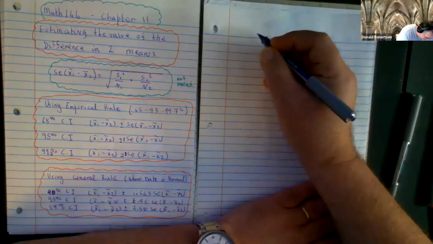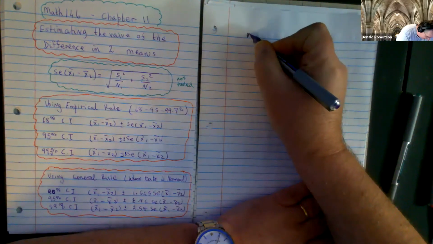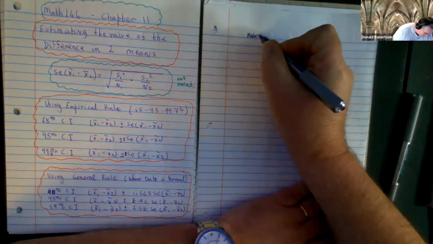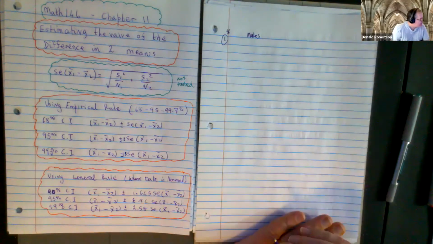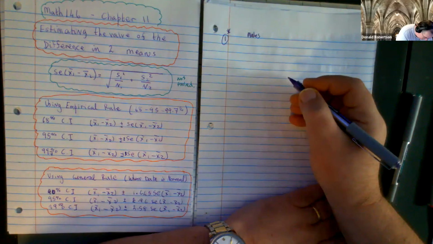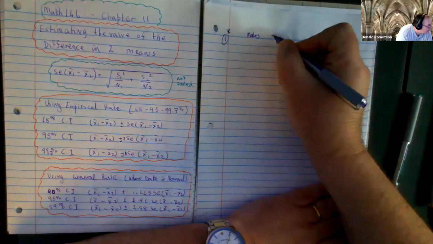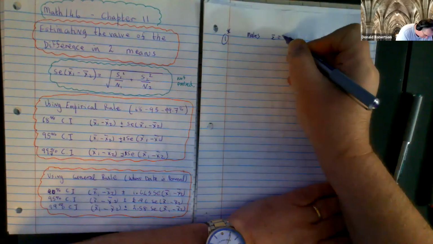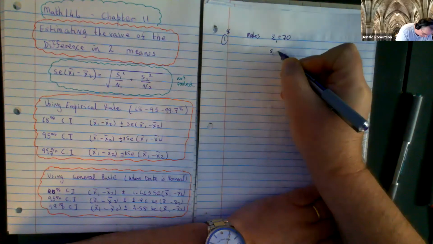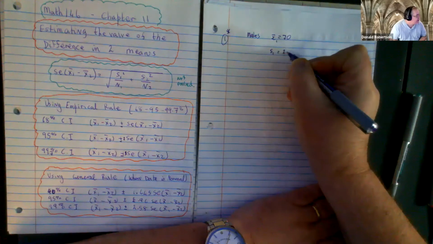So they have males in this story. It's a version of question 1. Right, so this is males, and their average height is 70 inches. And the standard deviation is 2.9.